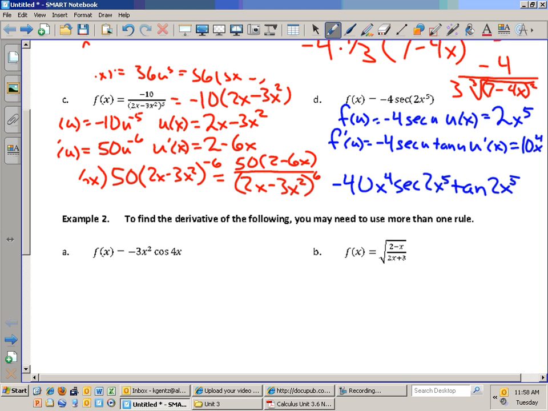Any idea why they call it the chain rule? They do link together. If you think of a pulley, anybody ever seen a pulley where you have one big spindle and you have one little one and the chain pulls them together? One's moving at one rate, the other one's moving at a different rate. Notice you have two functions. This one's moving at a certain rate, and this one's moving at a certain rate.